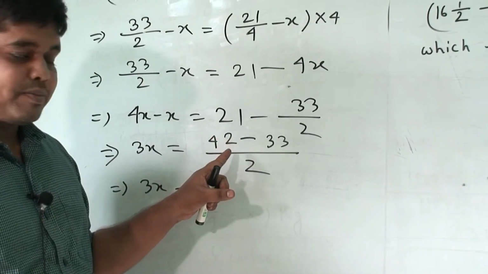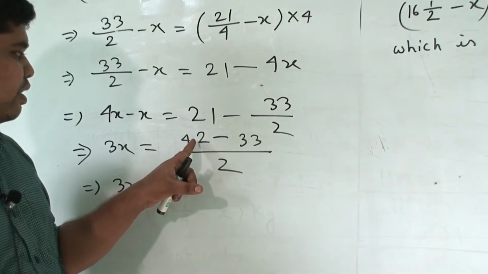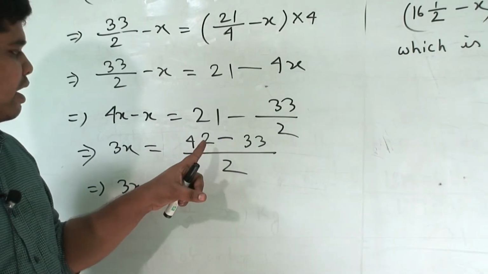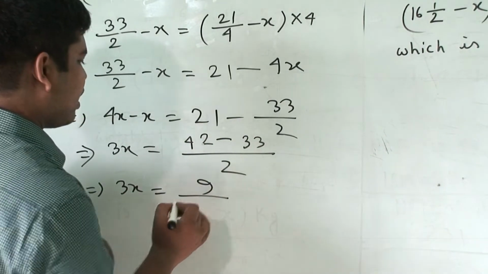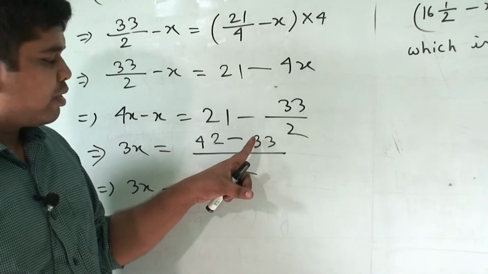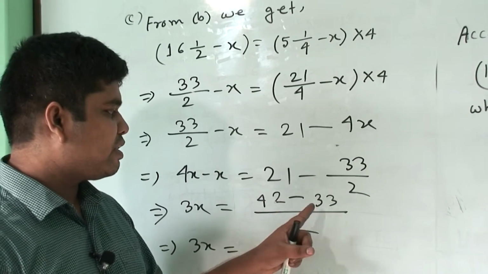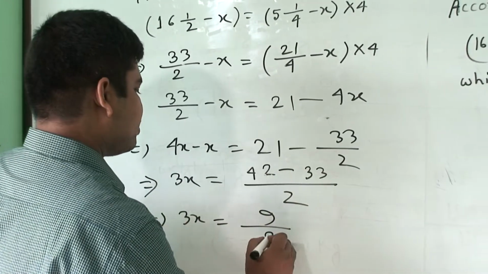That means 2 is smaller than 3. For these reasons we consider this is 12. And if I subtract 3 from 12, then we get 9. And that 1 is added with this 3 and it is 4. 4 minus 4, that means 0. That means if we subtract 33 from 42, then we get 9. And this 2 is here.